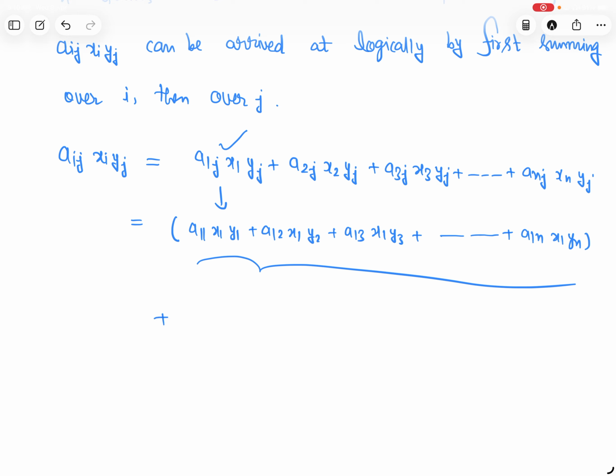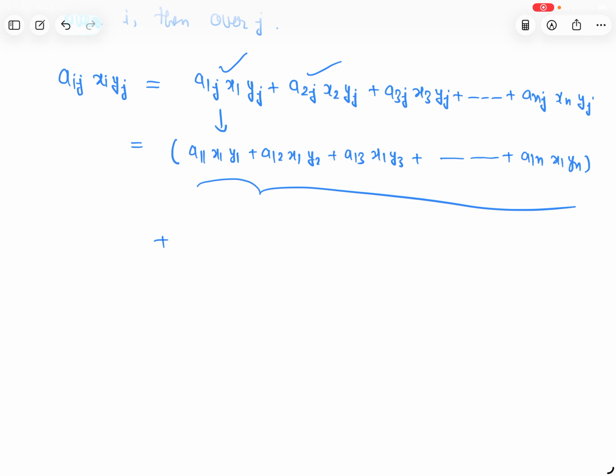Similarly for this one I have to take summation over j. So A21 x2 y1 plus A22 x2 y2 plus A23 x2 y3 plus ... A2n x2 yn.